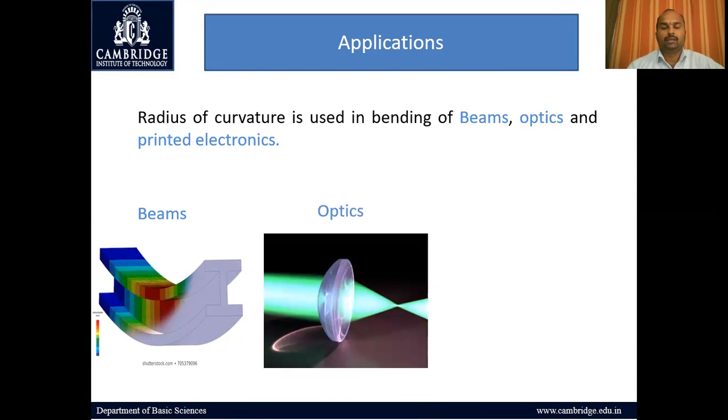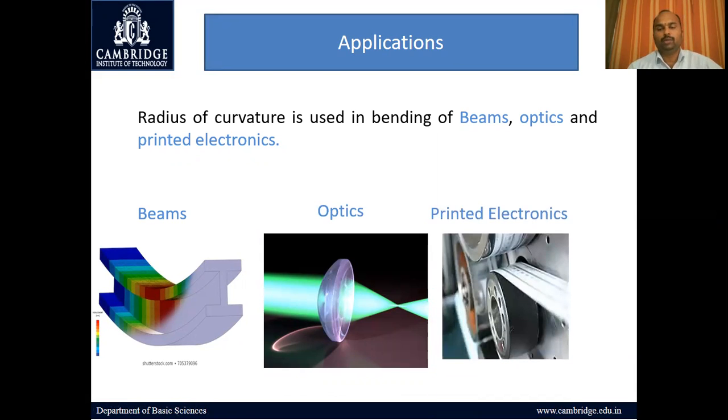In case of the optics, the focus all depends upon the bending. So in order to get a clear focus, the shape all depends upon the radius of curvature. Even in the printed electronics also, the concept of the radius of curvature will be used.